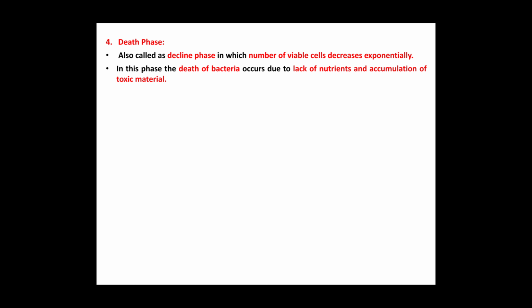The next phase is the death phase, also called the decline phase, in which the number of viable cells decreases exponentially. It is the opposite of the log phase, where bacterial cells die and the number decreases exponentially.